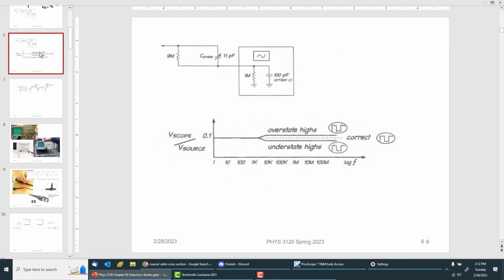So then we see now, with the adjustment here, notice that the x-axis is frequency. Notice that he's already saying that we're going to see problems at 10K and 100K.